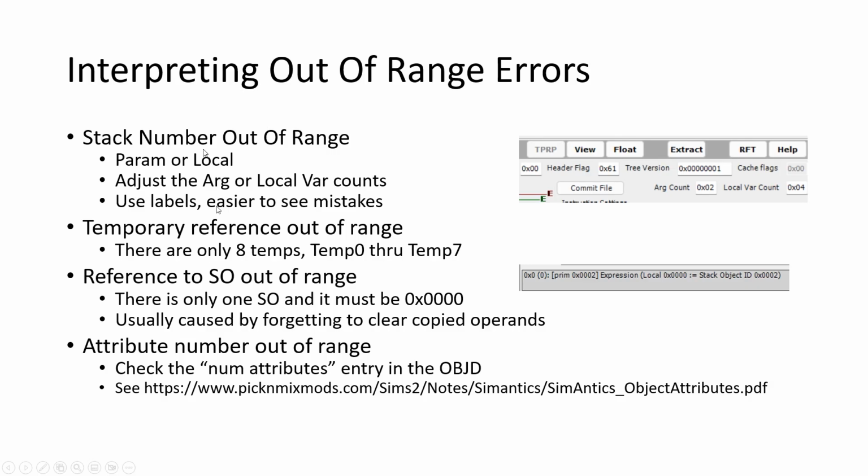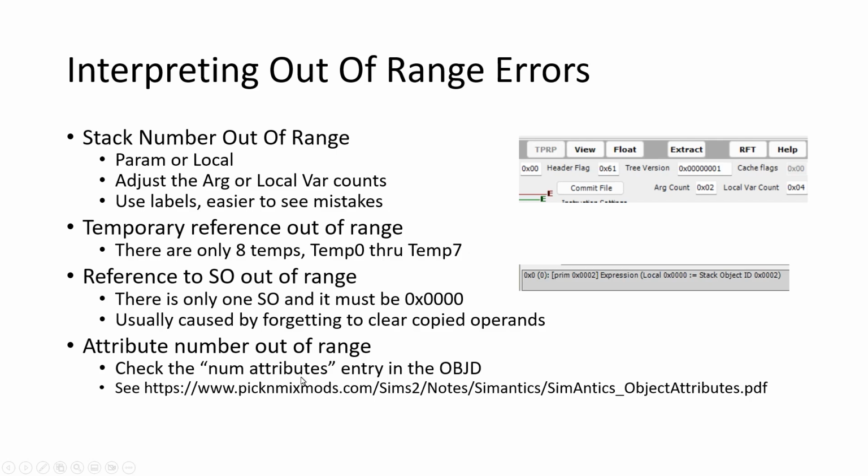And again, related to that is attribute number out of range. Attributes for an object are defined by the num attributes entry in the OBJD. You get 8 for free, 0 through 7, and if you need the 8th, you have to go and change that entry.